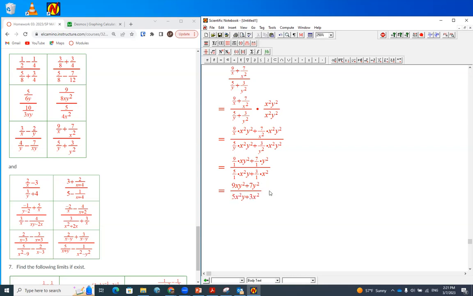But if you like to have a factored form, which we typically like to have, we can factor out the y squared on the top, and it will be left with 9x plus 7, and the bottom we can factor out the x squared, and we have a parentheses left, which is going to be 5y plus 3.